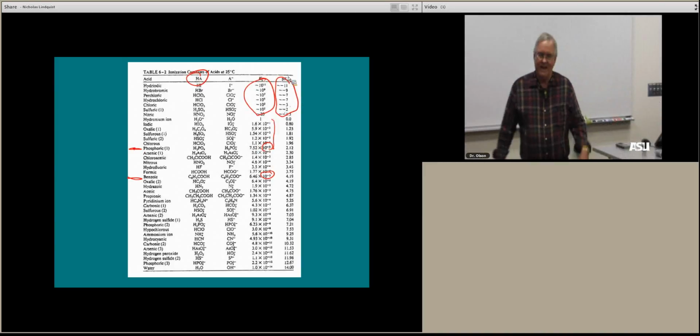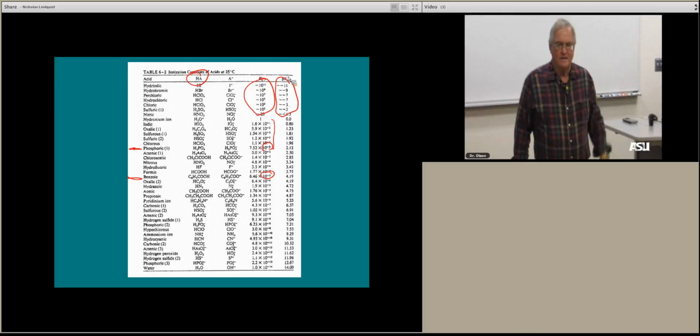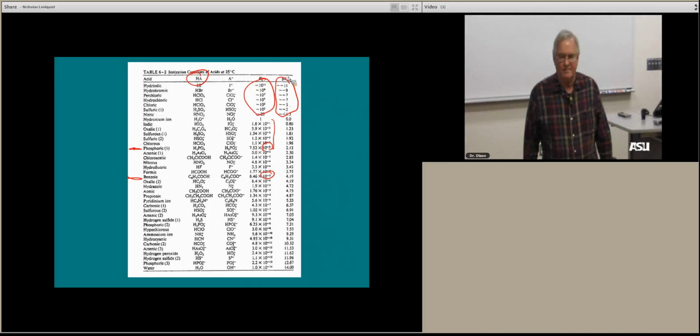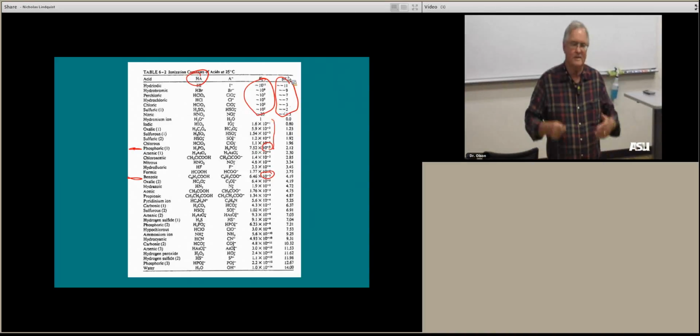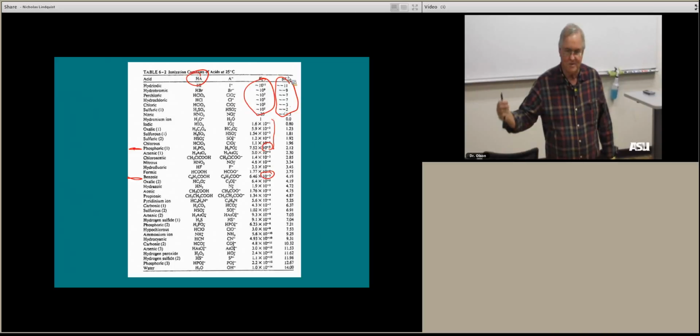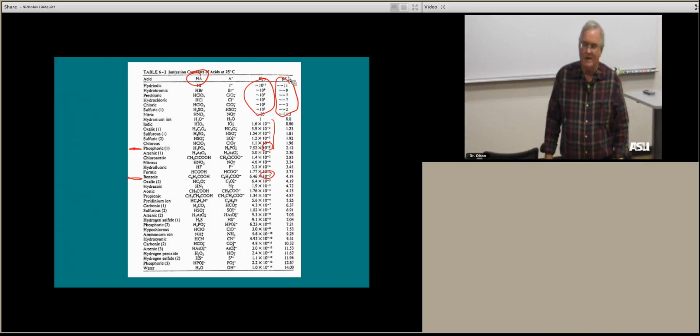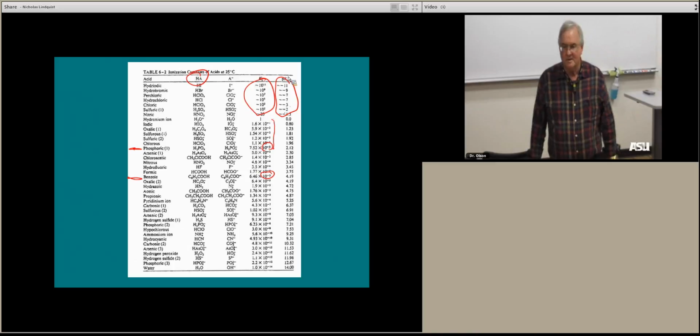So you have a negative 11, negative 9, negative 7 for the pKa. That means that the equilibrium constant is going to be 10 to the 7th, 10 to the 9th, 10 to the 11th. And then as you get to Ka's that are negative in terms of their exponents, the pKa becomes positive. So down at the bottom of this table, you have pKa's that are very large. That means they're very weak acids.